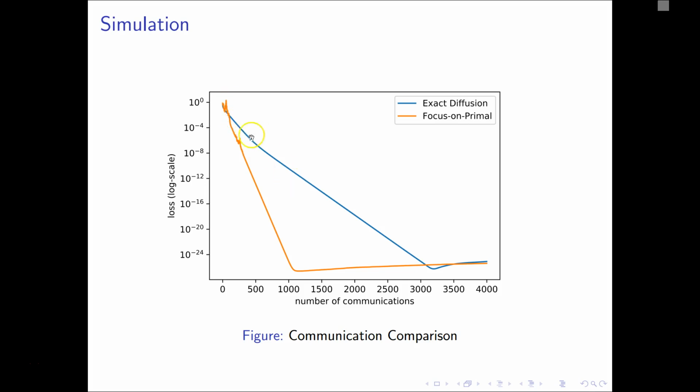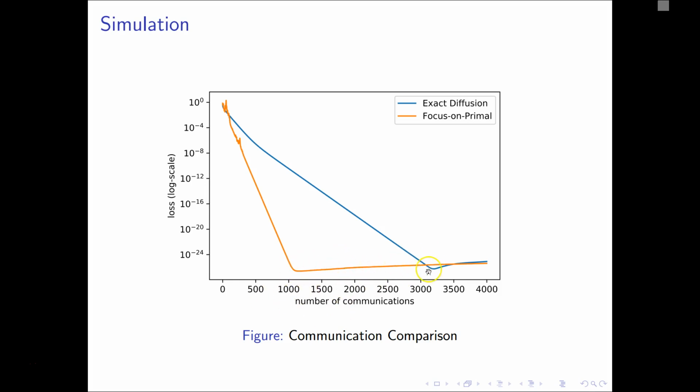In this case, we fine-tune both algorithms to do their best, so we do not always obey the theoretical bound provided by Professor Lan, like alpha equals 1. We set alpha to be something different, but that's not very important here. I just want to show that by doing this focus on primal thing, you're essentially, in practice, saving as much as 2/3 of your communication.